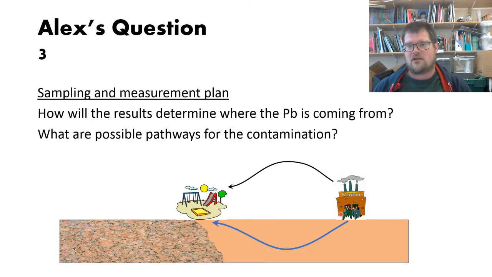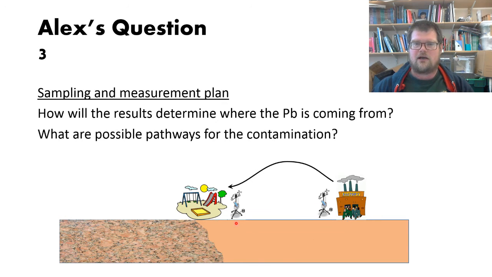It might be some groundwater contamination, though that's unlikely with lead. You would outline what you think the route of contamination is, and then come up with some way of sampling that route to show that it's either coming from the factory or it's not.